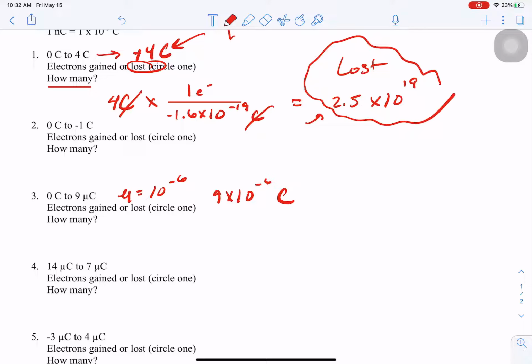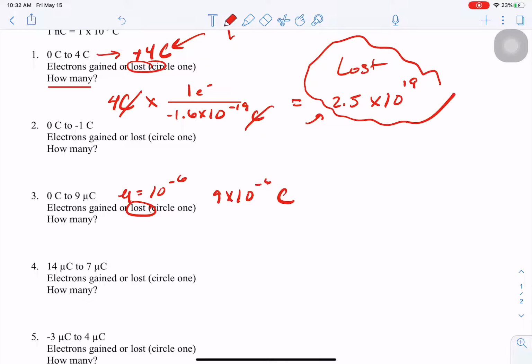Remember, negative 6 just means it's a decimal. It's not a negative value. So we still have lost electrons because it's becoming more positive. 9 times 10 to the negative 6 is still bigger in value than 0 coulombs, so we're gaining coulomb charge, which means we're losing electrons.